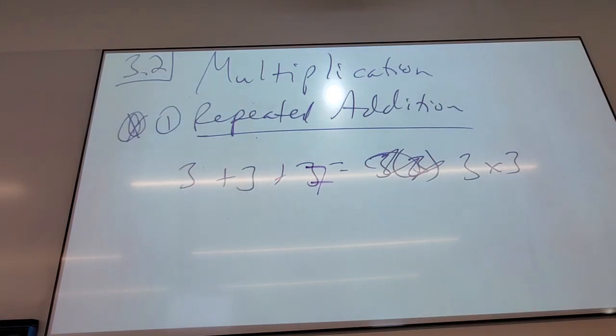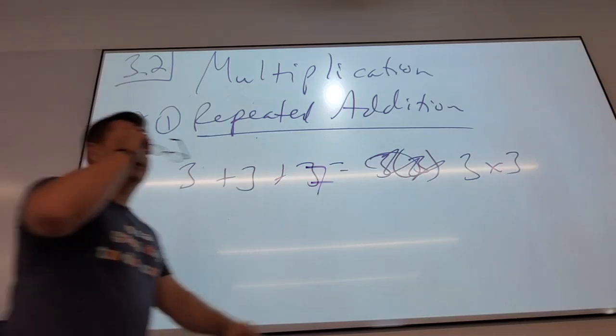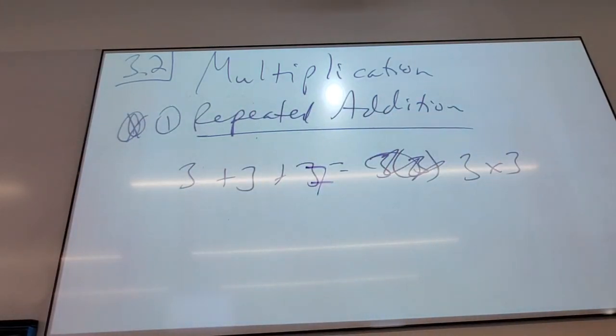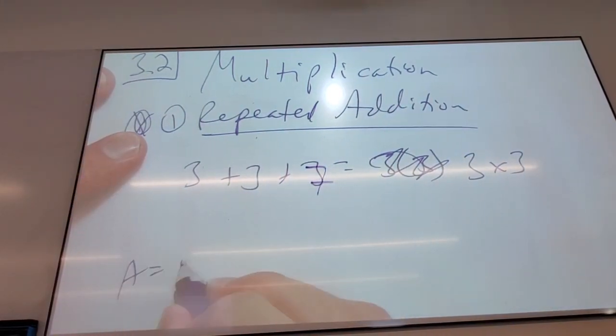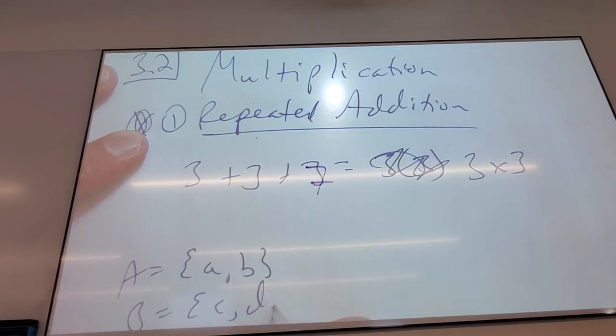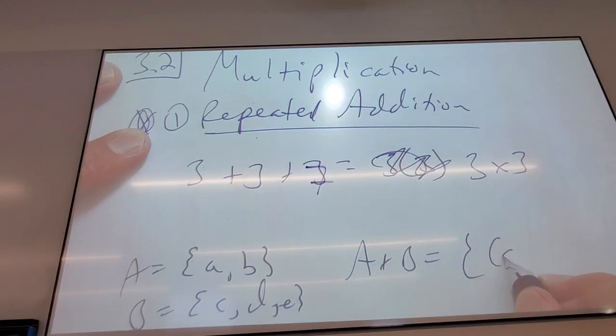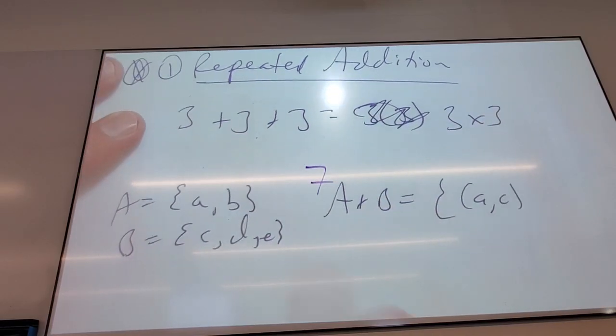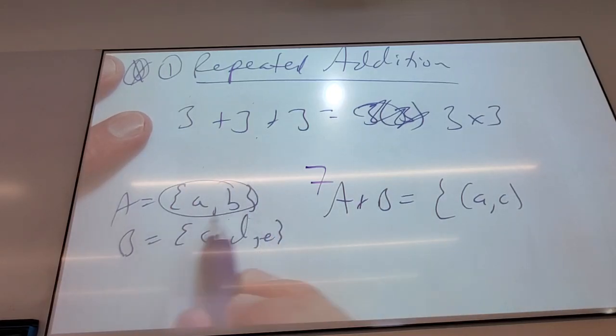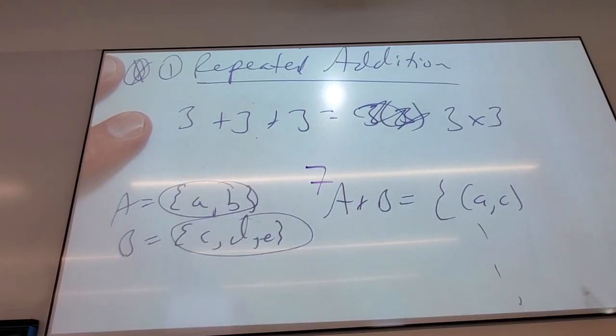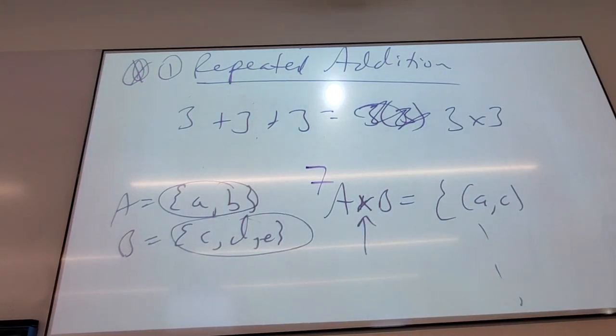Very quickly, if my set A had a and b in it, and my set B had c, d, e in it, A cross B would be all the points you could make using parts of each. So how many total points would you end up with? 2 times 3, 6. And the Cartesian product uses that notation.